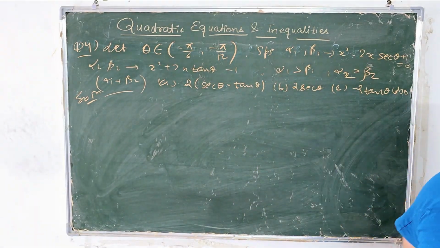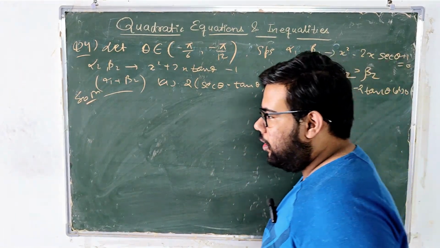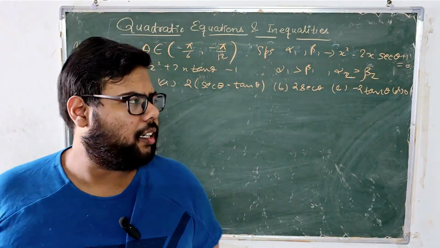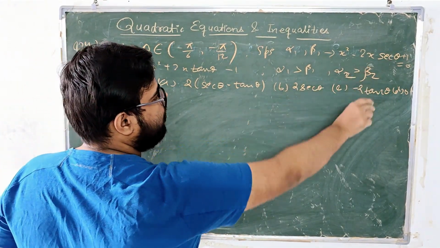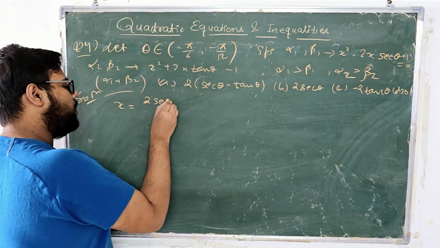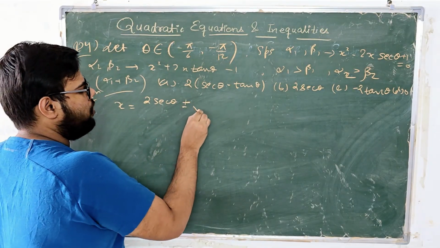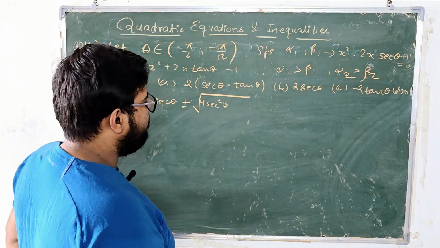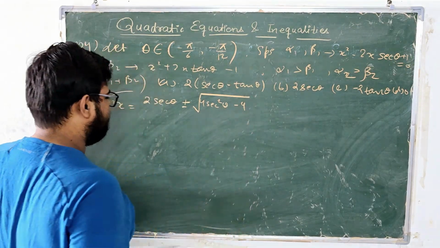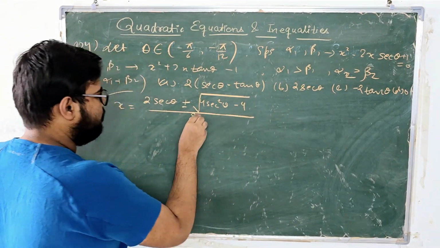So we have this quadratic equation x square minus 2x sec theta plus 1. Okay. So we can clearly solve this. This is very easy. So x turns out to be 2 sec theta plus minus root of 4 sec square theta minus 4, by 2.